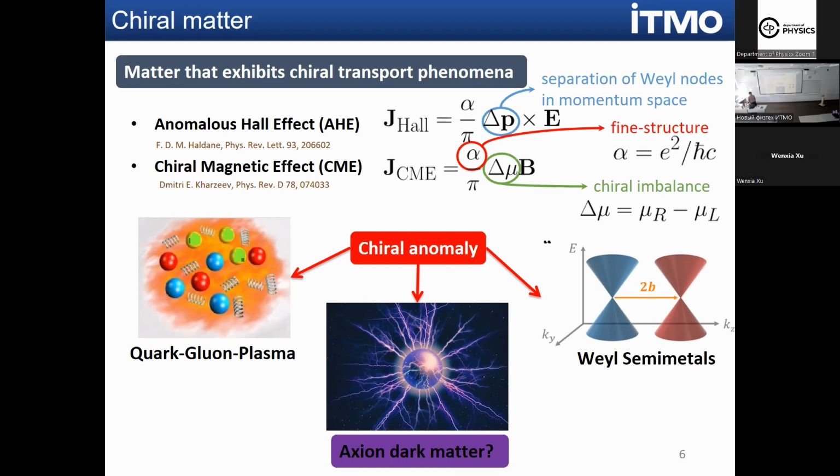Yeah, but we can look at solid state. Let's take a solid state realization. You have spin up electrons going clockwise and spin down electrons going counterclockwise. Does it satisfy the definition of chiral matter, or is it something different? You have to have a many-body system with a lot of particles with left-handed and right-handed chirality.